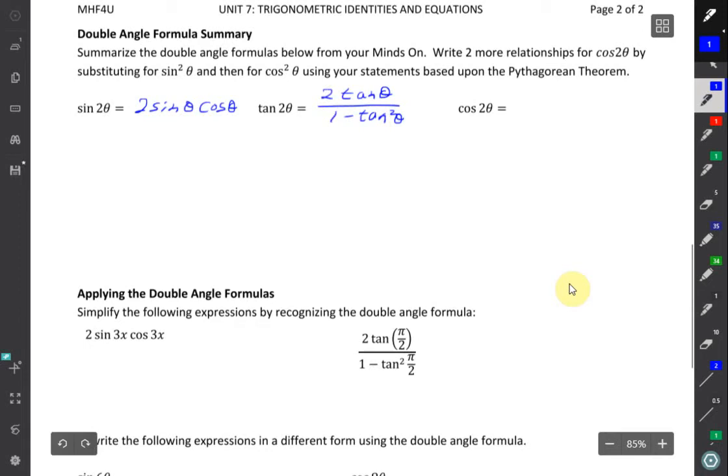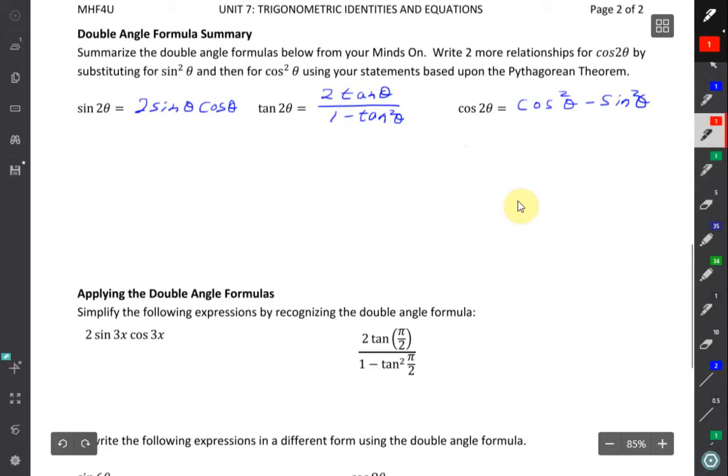And cos 2 theta equals cos theta squared minus sine theta squared. Now, in this case, it's not uncommon for us also to write the cos 2 theta formula in two other ways using the relationships that we just found with Pythagorean's theorem.